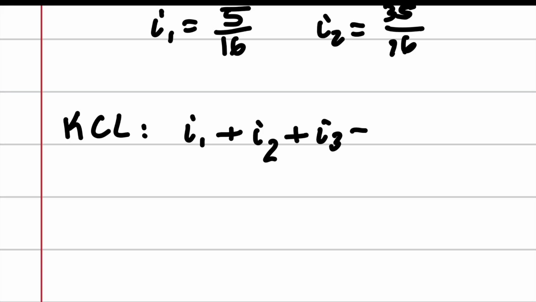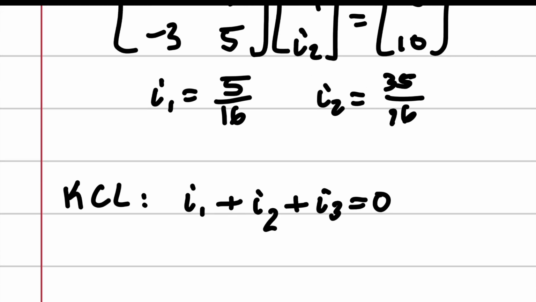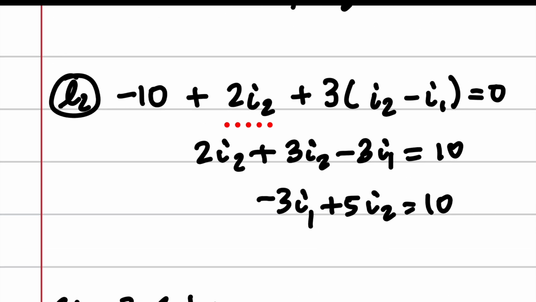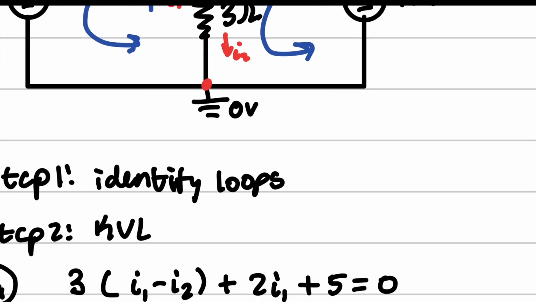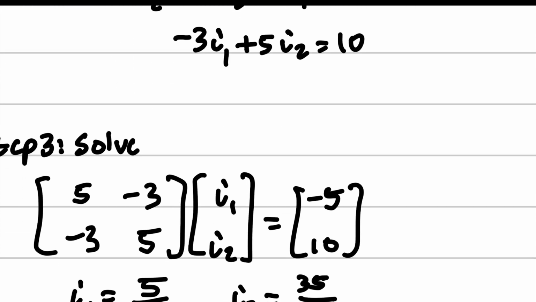Now notice something here. We've changed our coordinate system, but we're staying consistent because we are going to say that I2 is negative and I3 is going to be positive temporarily. Whatever we put into our nodal equation is going to reveal what we're actually doing.